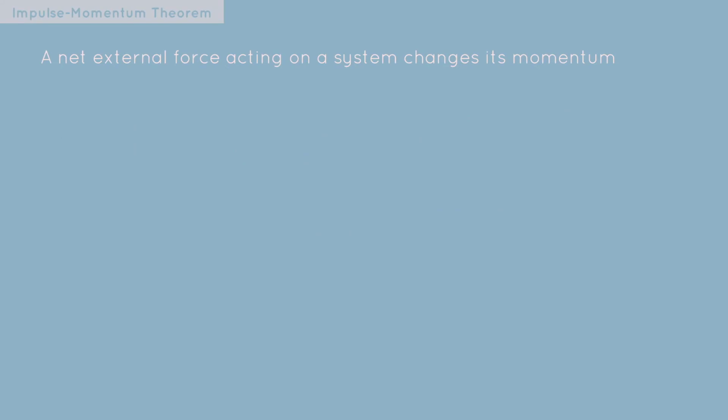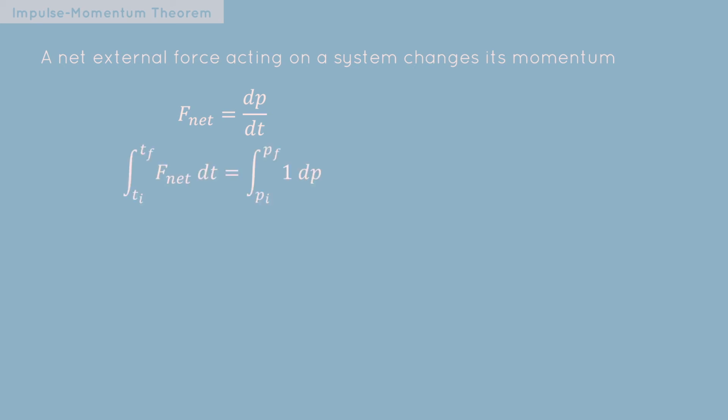So next we discuss the impulse momentum theorem. This is for the case where momentum is not conserved, which is to say that there is a net external force acting on the system, causing its momentum to change. You know from Newton's second law that the net force will be equal to the rate of change of momentum.